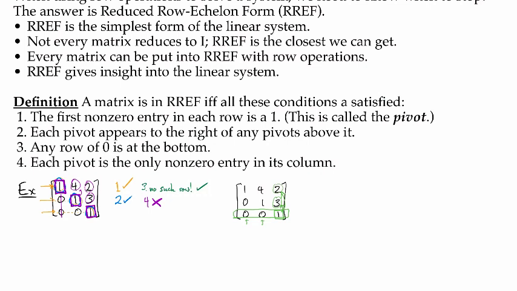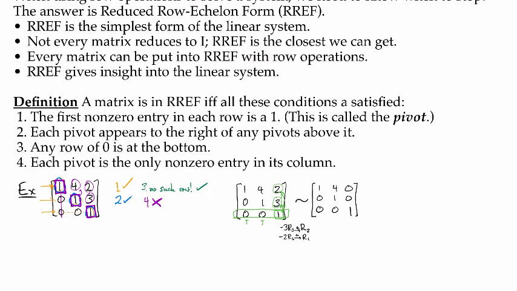I'll do a couple of row operations at once. Keep row 3 as it is, add -3 copies of row 3 to row 2, and that gives me 0, 1, 0. Then add -2 copies of row 3 to row 1, and that kills off the 2. So I have 1, 4, 0.